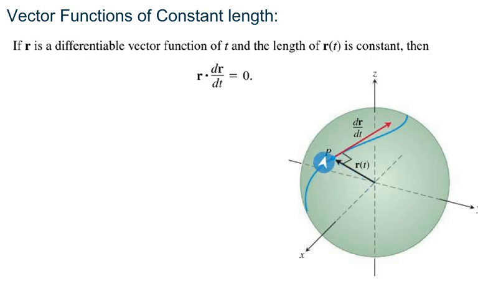So since this is a sphere, no matter where that position vector r of t is pointing out, it's going to be pointing out that full radius of the sphere. So it's always going to have a constant length.